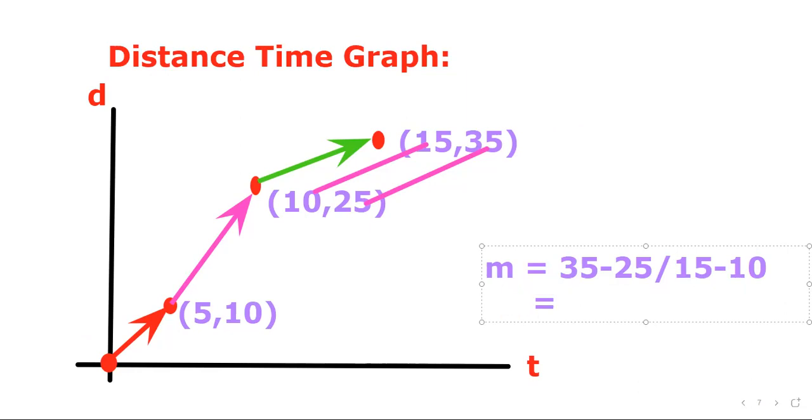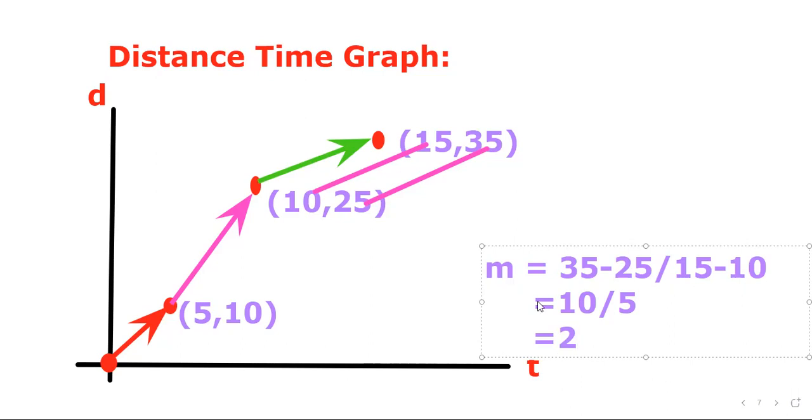So 35 minus 25 is 10 over 15 minus 10 is 5. So 10 divided by 5 is 2.